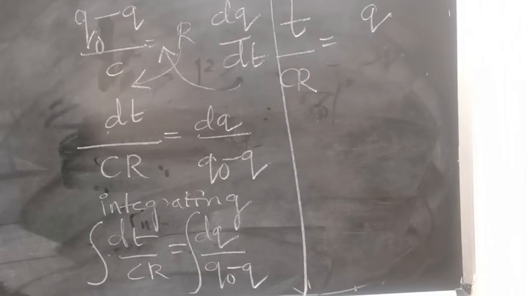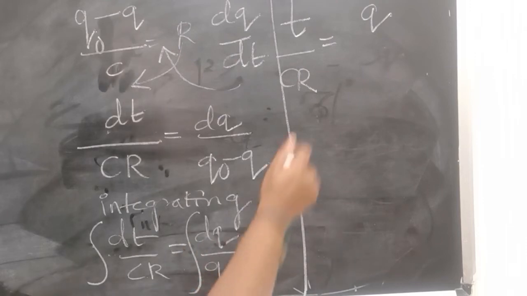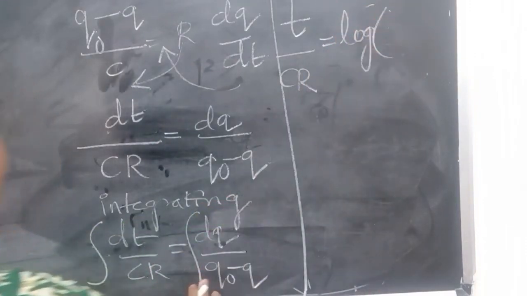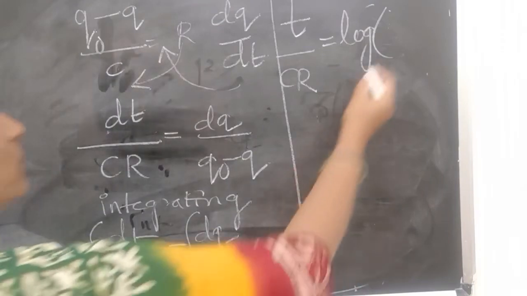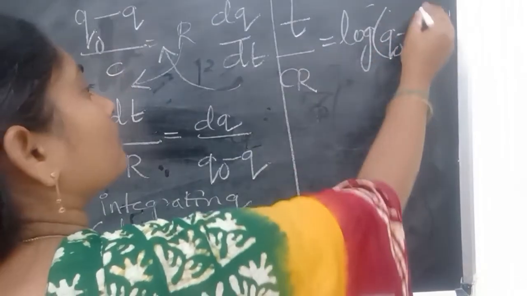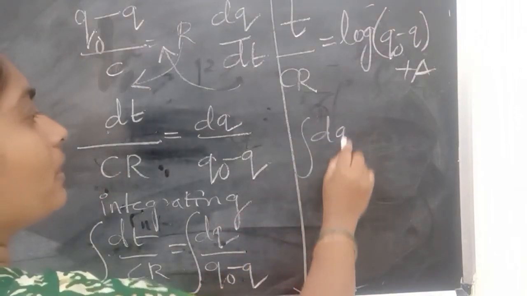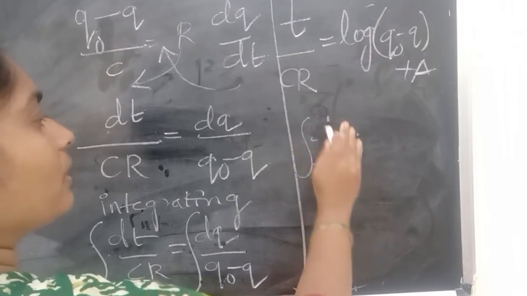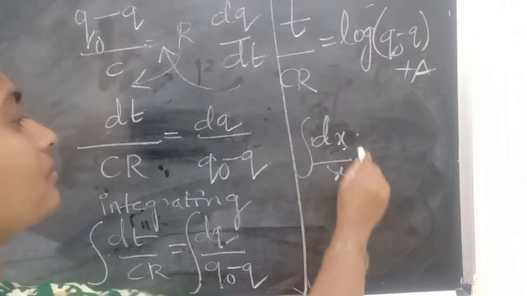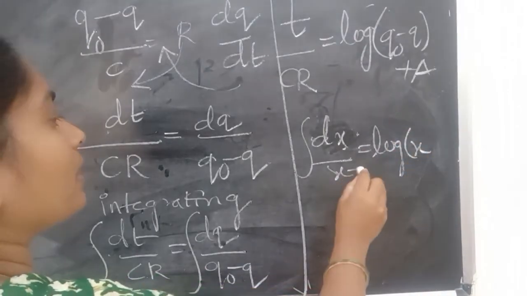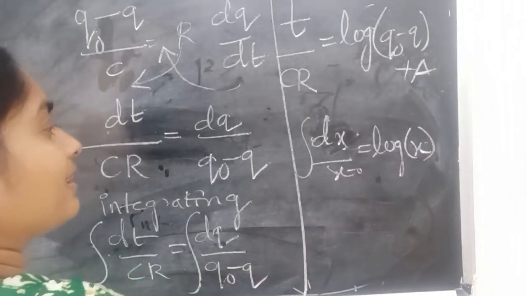What formula are we having here? Integral dq by q, you can write in the form of log of (Q naught minus Q) plus some constant A. This is the formula of dx by x, which gives log x.